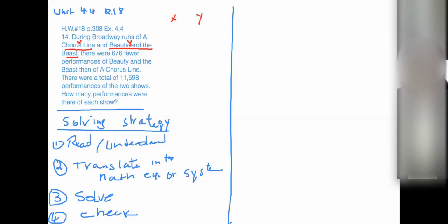So we understood the problem. In the second phase, translating the problem into mathematical equations, first you want to label the missing numbers or the variables. So one is X, the other one is Y.